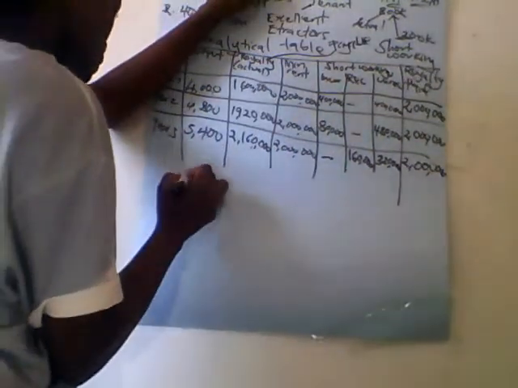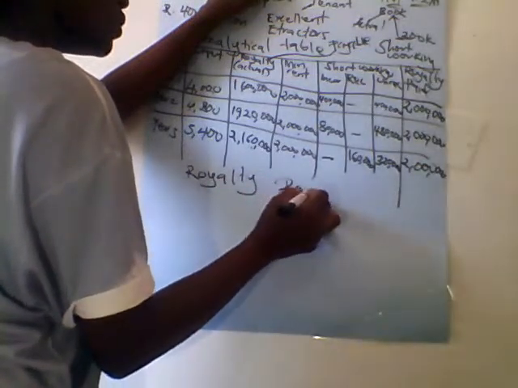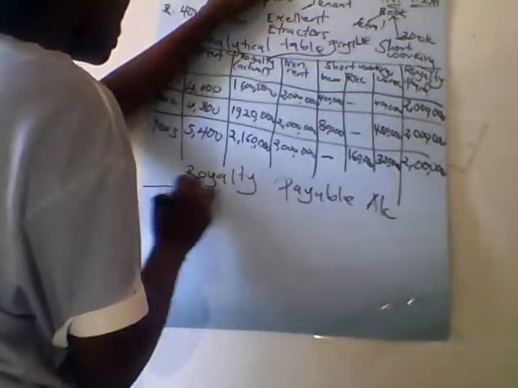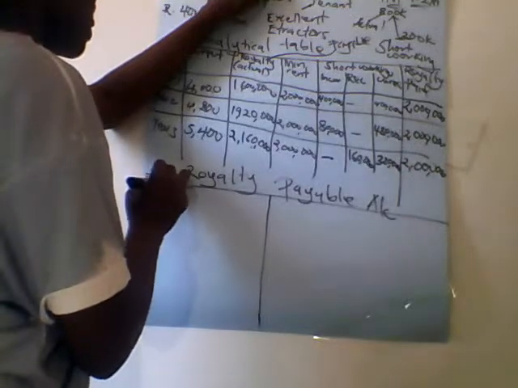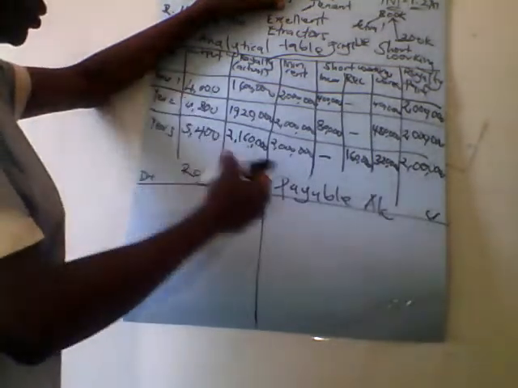So the royalty payable account. You debit, then you credit. Since they asked for royalty payable account, it's the same as when they asked for royalty account, it's the same thing. So we are going to use only this column.